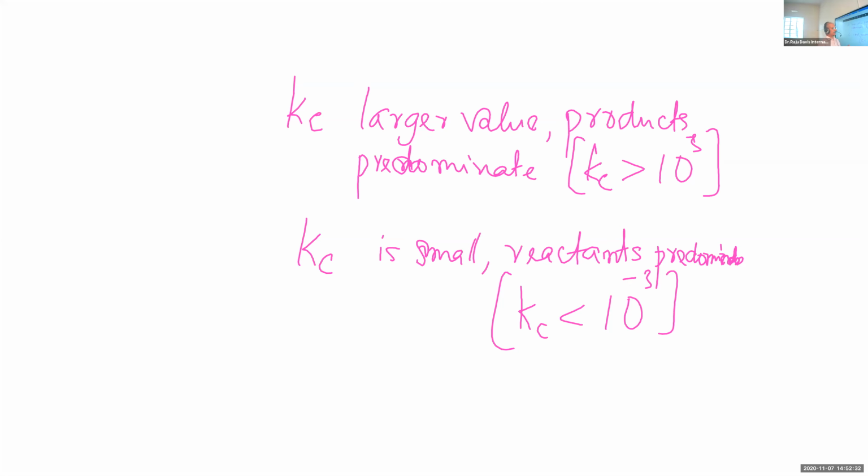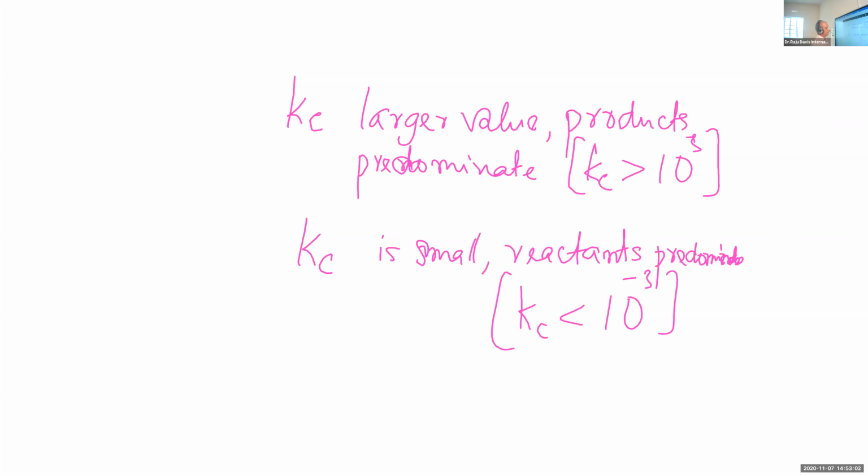While Kc less than 10 raised to negative 3, it is not 10 raised to 3, it is 10 raised to negative 3, then the backward reaction, the reverse reaction, is faster. And therefore, the reactants predominate. The products will be at a lesser extent.